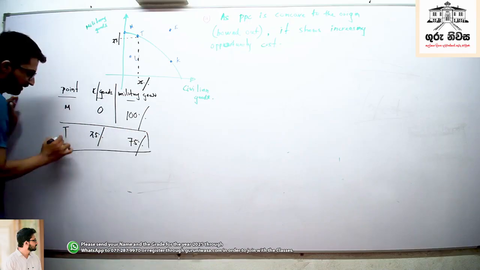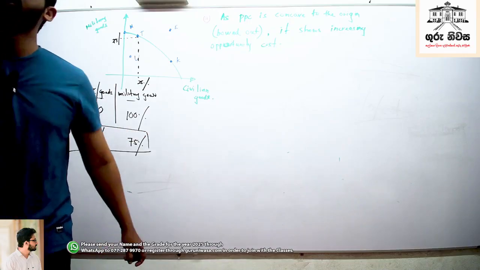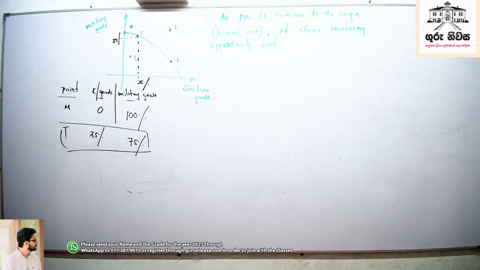You can see more resources are allocated on producing military goods, because now the economy is in the process of moving to war. Then we need more military goods. Did you get the point? Yes, sir, clear.